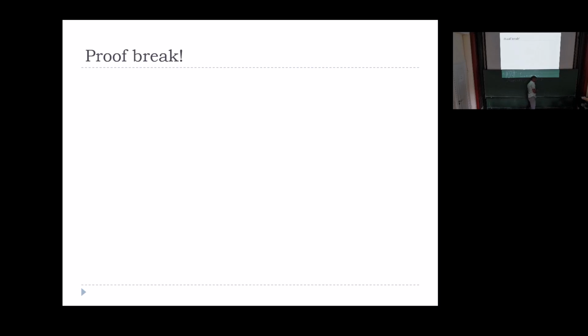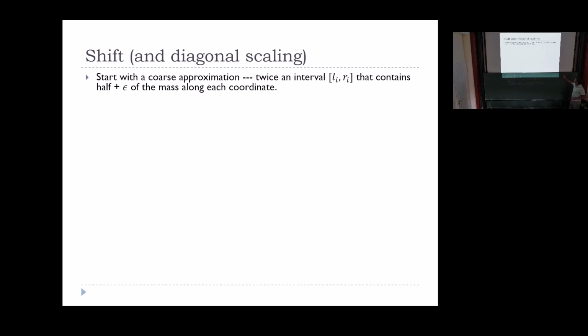Unfortunately, this kind of style of proof doesn't extend to more general settings. So let's do that next. Now we're in the setting where I have a cube that's been stretched arbitrarily in different coordinates and shifted.